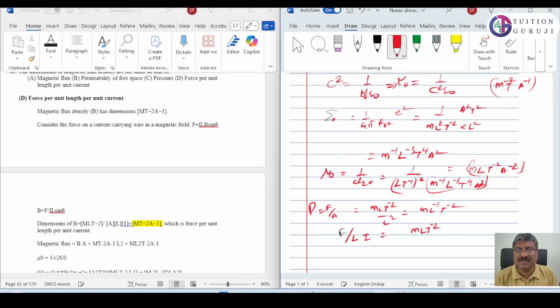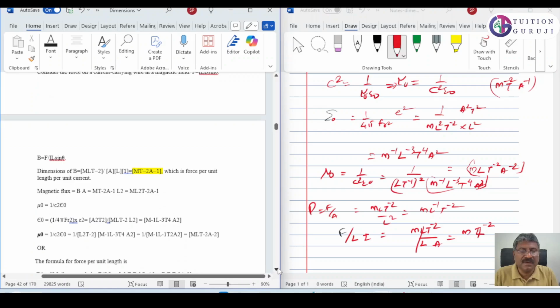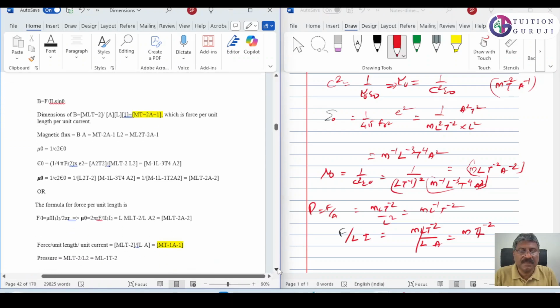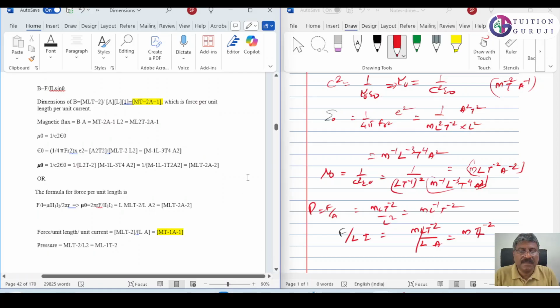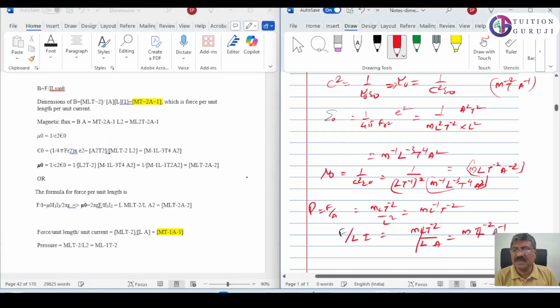So M L T raised to minus 2 by L A. L will get cancelled, then M T raised to minus 2 A raised to minus 1.